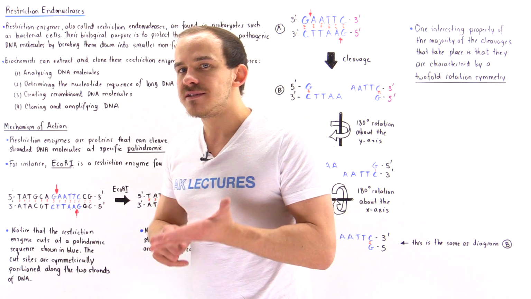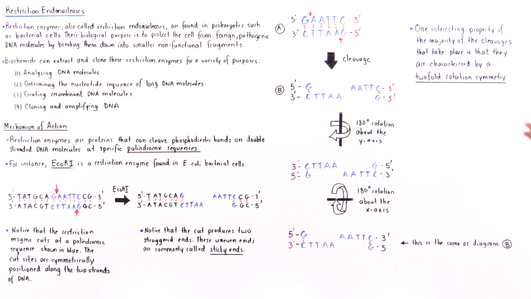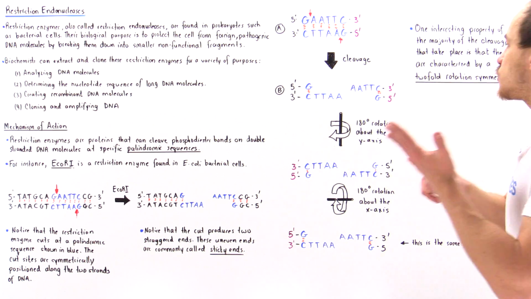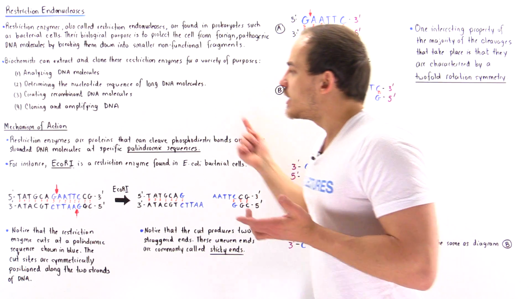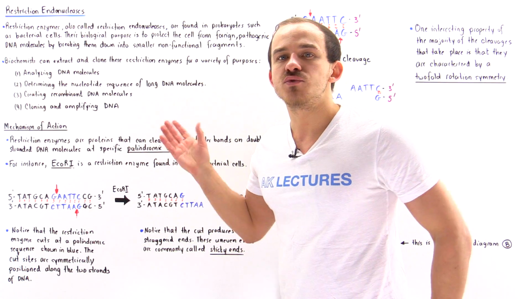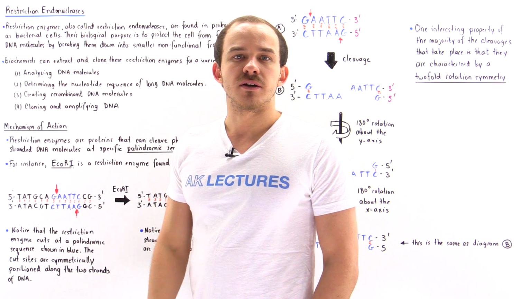When restriction enzymes cleave the double-stranded DNA molecules, they cleave it in such a way so that they produce this twofold rotational symmetry. And what that basically amounts to is they cleave at palindromic sequences as the one described in this particular example.